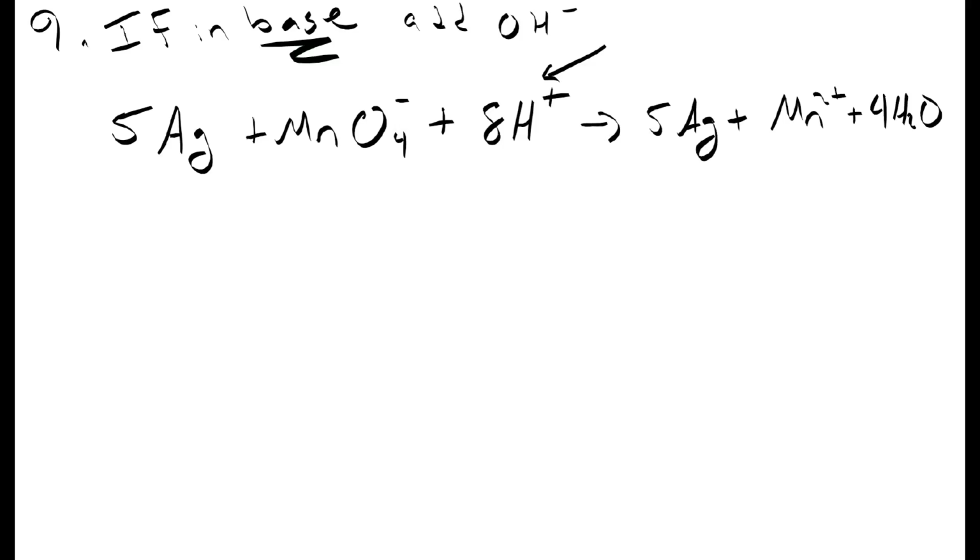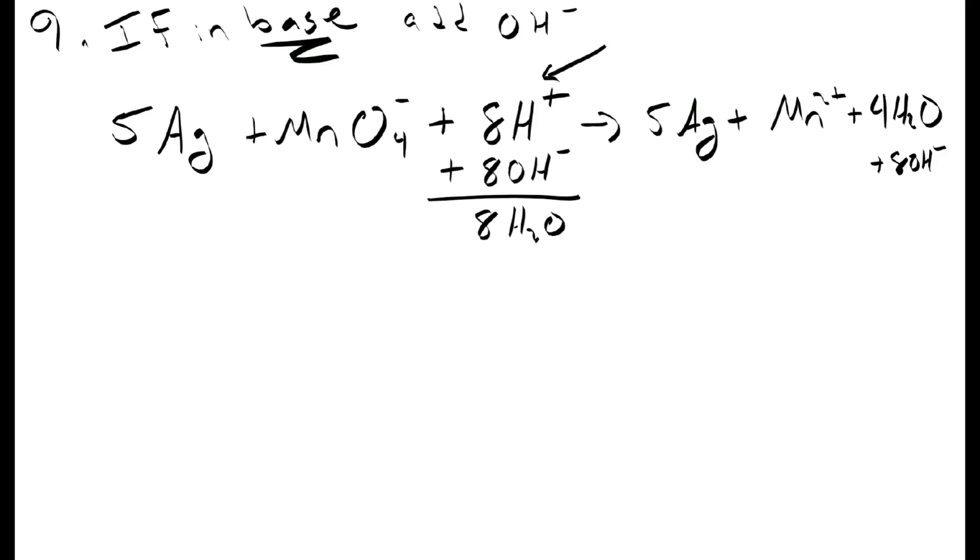You're not going to have an excess of hydronium in a basic solution. You will have an excess of hydroxide. So what you do is you add OH minus to both sides. And what happens on the left, where the H plus is, 8H plus 8OH minus is 8H2O.